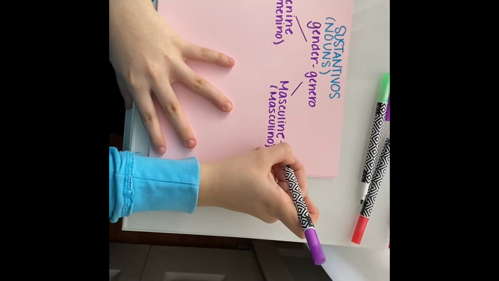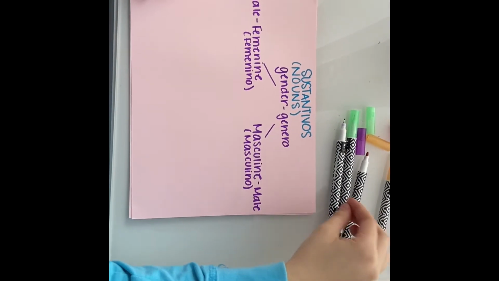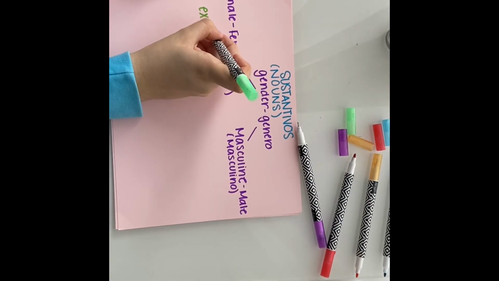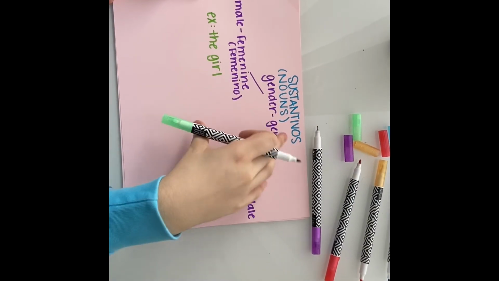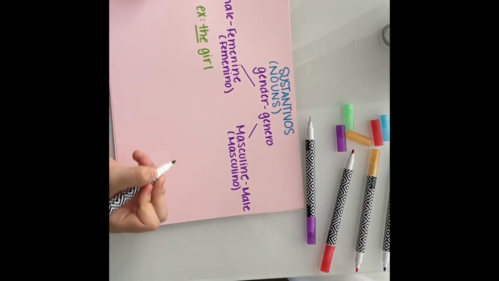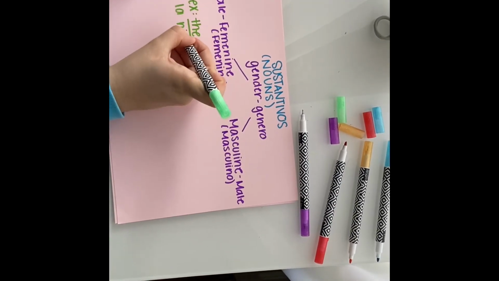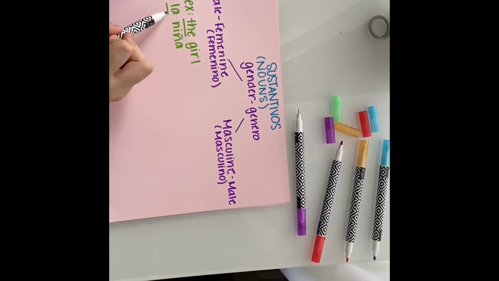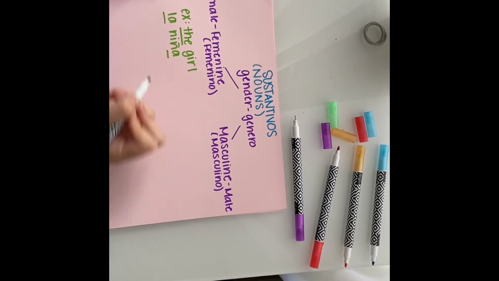And this one would be male. So some examples would be like the girl. The tricky part about the sustantivos with género or the nouns with gender is the articles. So in Spanish, the girl would be la niña.